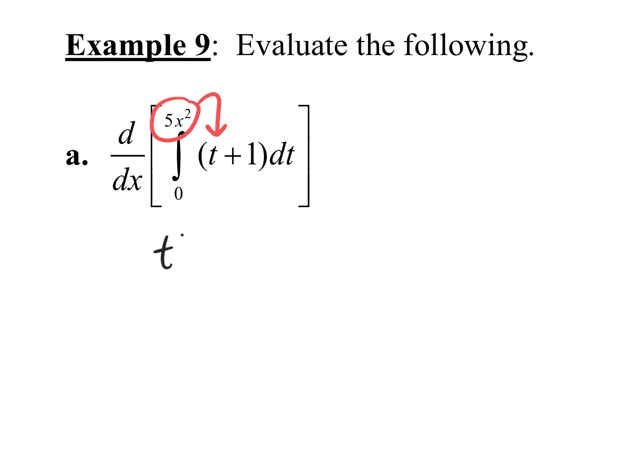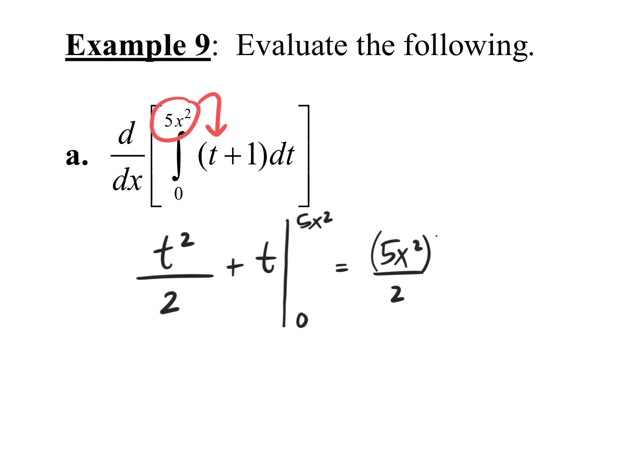So if I'm taking the integral from 0 to 5x squared of this function t plus 1, this is technically t squared divided by 2 plus t, right? If I take the integral of that and I'm evaluating it at both 5x squared and at 0, so if I plug in that 5x squared piece, I get (5x squared) squared divided by 2.